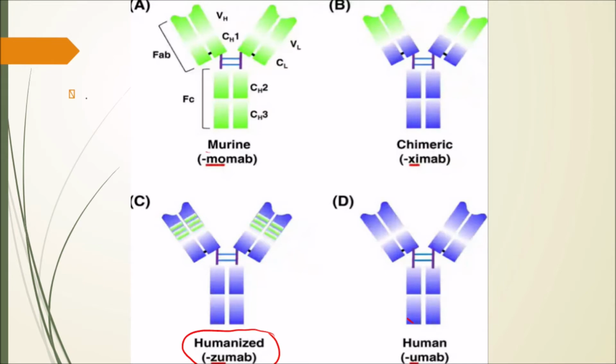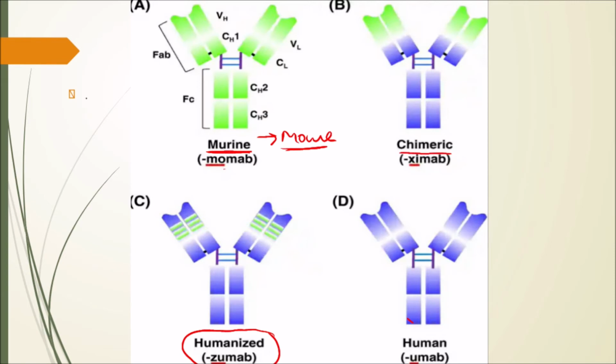One is murine antibodies, which are antibodies taken from the mouse. This is also known as MOMAB. The monoclonal antibodies taken from the mouse are known as murine.